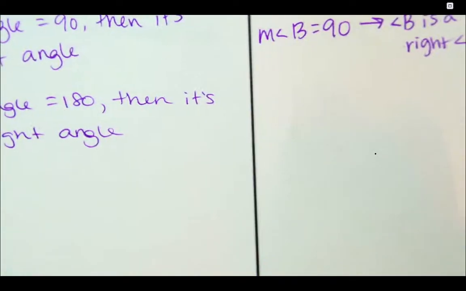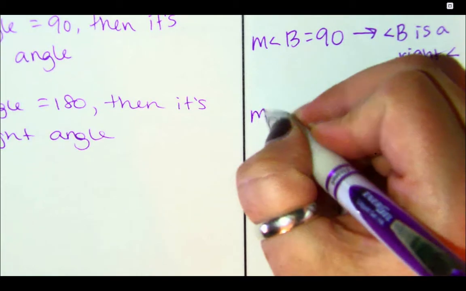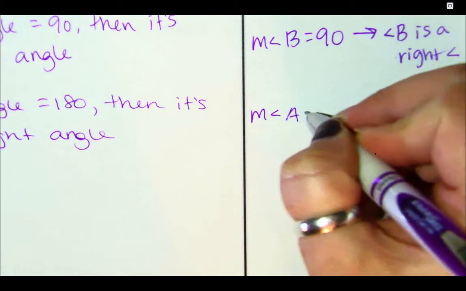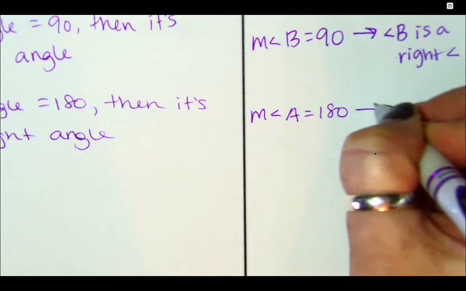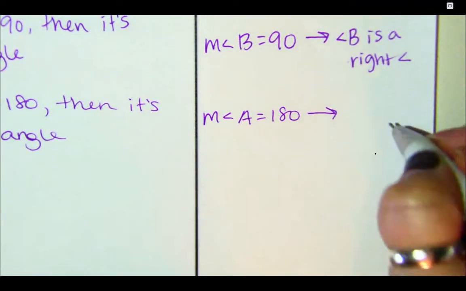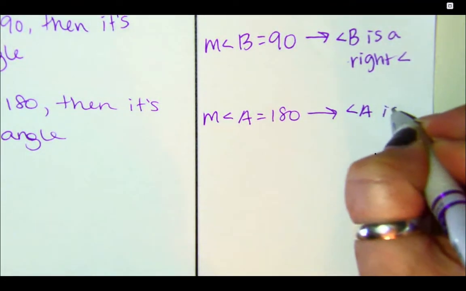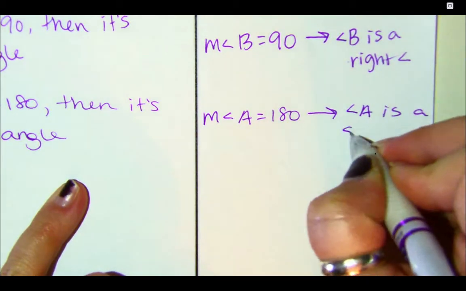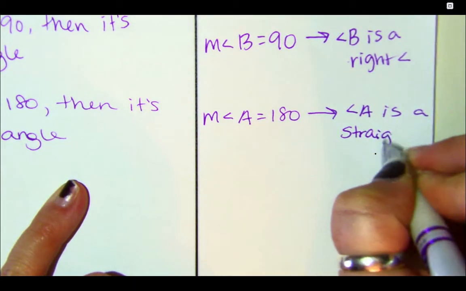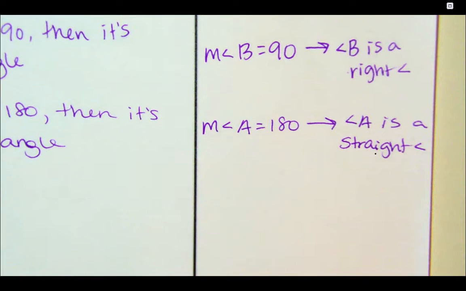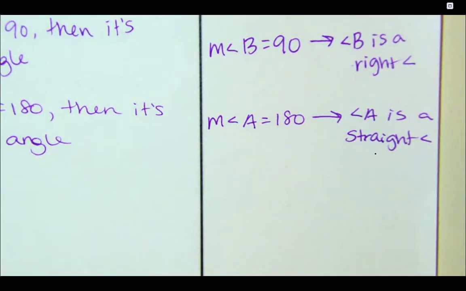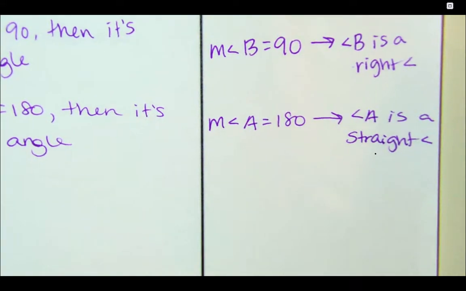So the example, if we prove that the measure of an angle is 180, then we can prove that that angle is a straight angle. Okay, let's try number 3.